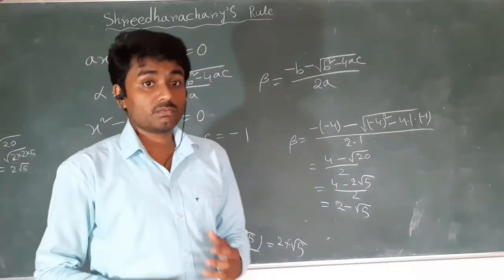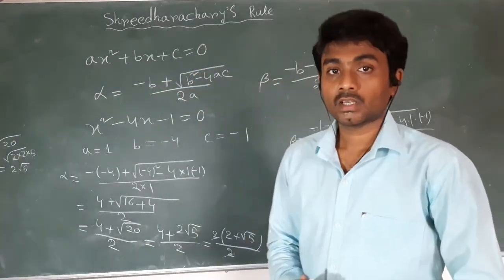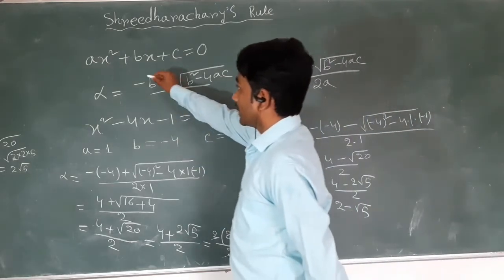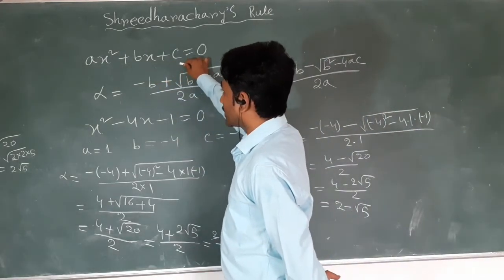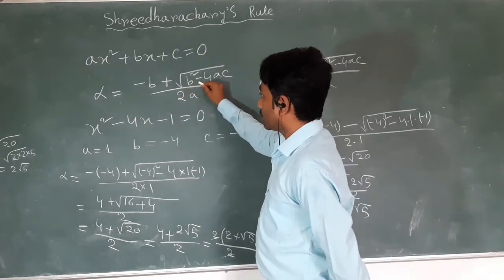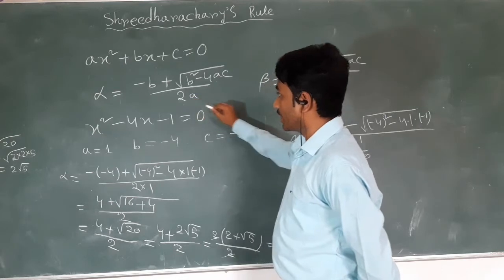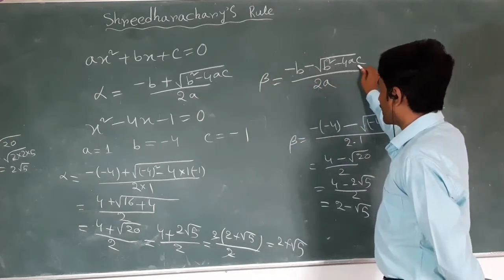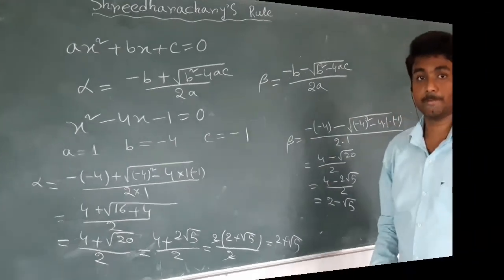So now I will explain how it is possible that the roots of the equation ax square plus bx plus c is equal to 0 are minus b plus under root b square minus 4ac upon 2a and minus b minus under root b square minus 4ac upon 2a.